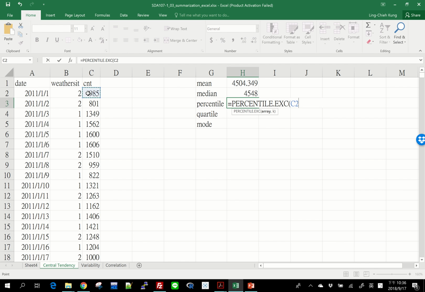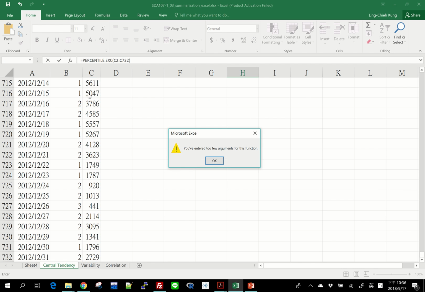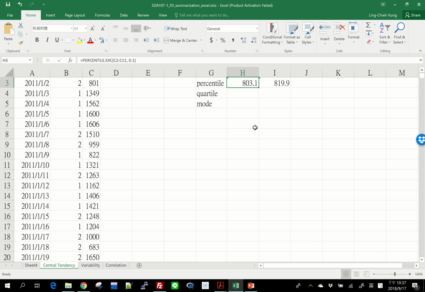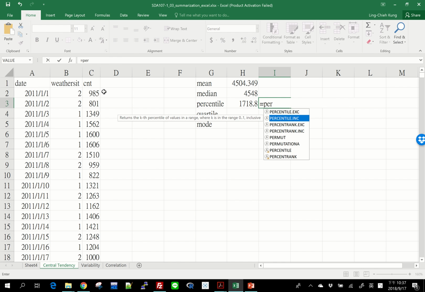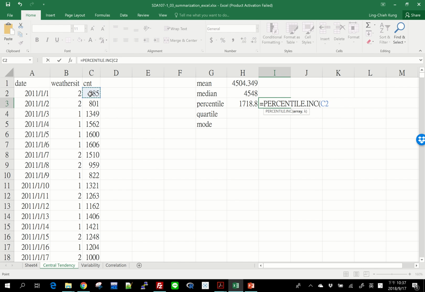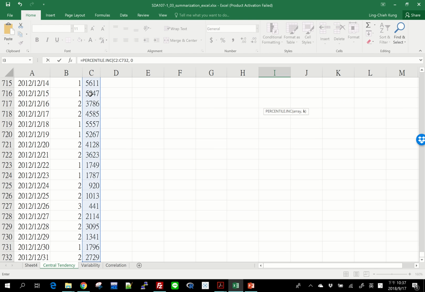So for example here, if I choose all the values, I get about 1,700. For here, I do percentile inclusive with all the values and 0.1.